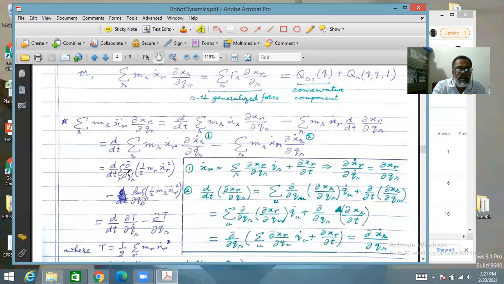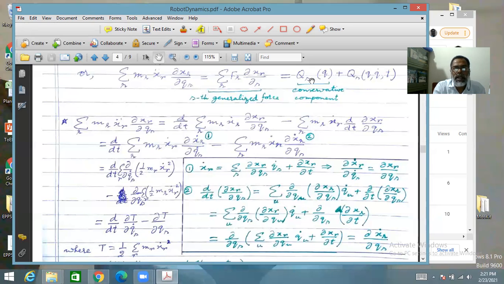Here also take this sigma inside and you will get the same kinetic energy. So that is here, right? So this whole thing comes down to d by dt of del by del qs dot of kinetic energy minus del by del qs of kinetic energy. So this left side has been reduced to this with the definition of kinetic energy as we know.